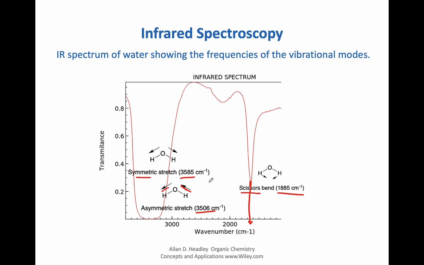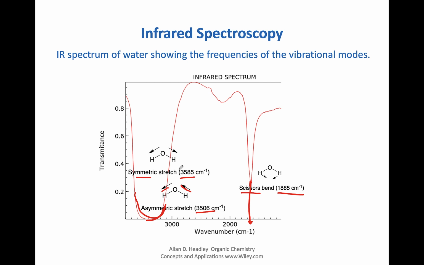Notice they occur in the same region, and that's why we have such a very large absorption band here for these two excitations. Notice the excitations here are not electronic transitions. These are excitations based on different vibrational modes of the different bonds of the molecule.